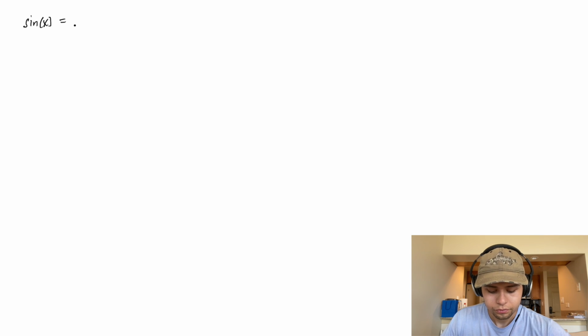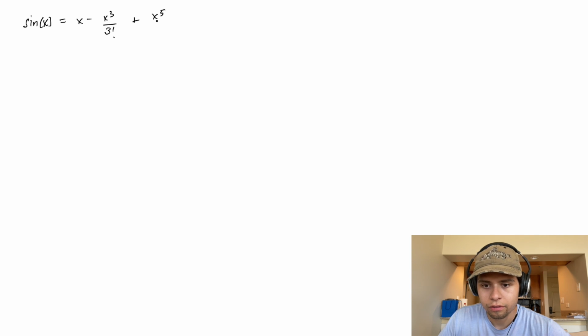If you remember from Calculus 2, we can recall that the sine of x is equal to x minus x cubed over 3 factorial plus x to the 5th over 5 factorial minus x to the 7th over 7 factorial plus, and then we just alternate pluses and minuses, and you can see the pattern here.